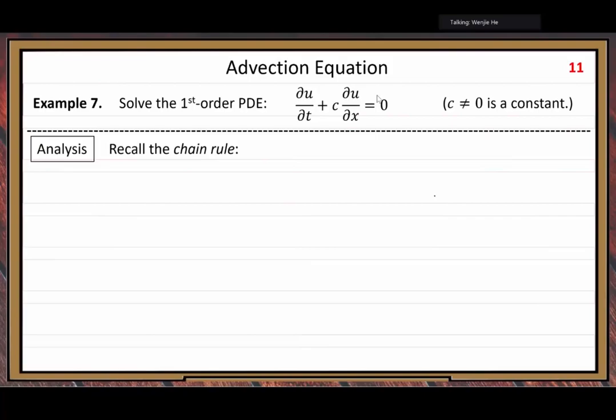Recall the chain rule. Here, we need to use the chain rule. So let's consider this u function with two variables, t variable and x variable. Many times when we solve problems, we need to use our imagination. You can make many assumptions, but your assumptions should be reasonable.